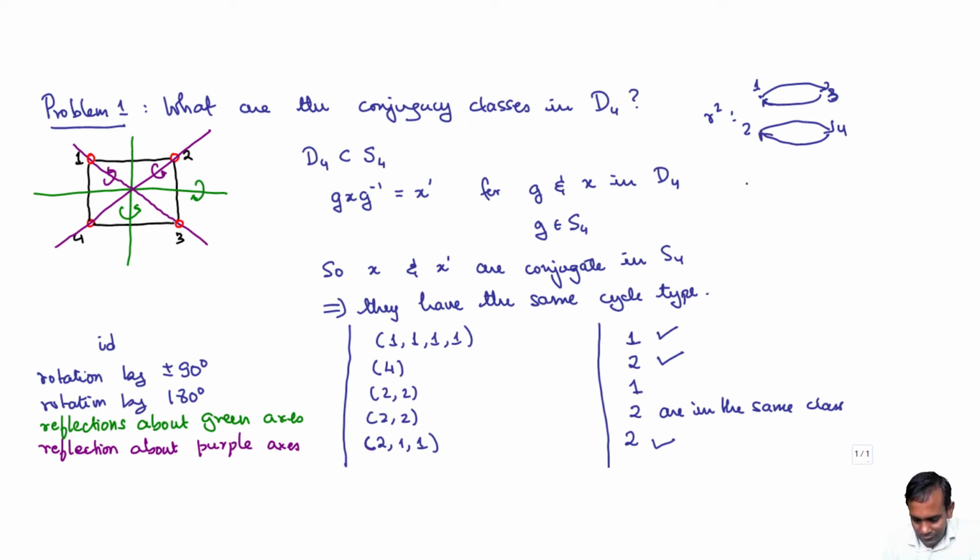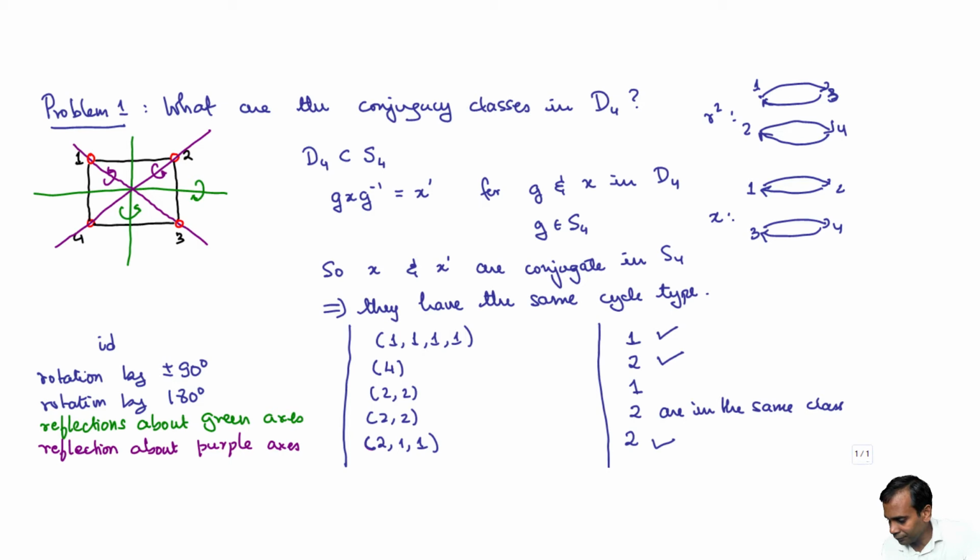And for the other element, let's take one of the reflections about a green axis: 1 goes to 2, 2 goes to 1, 3 goes to 4, and 4 goes to 3. We'll call this element X, and we want to know whether r squared is conjugate to X or not.